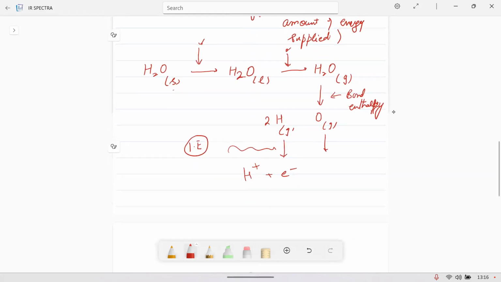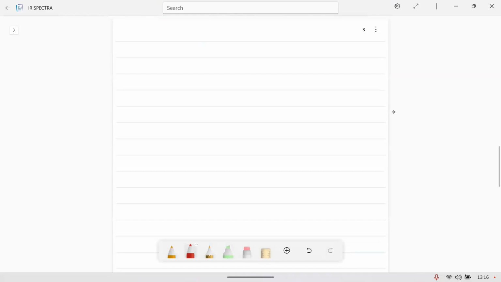Now the problem here is, if you have a water molecule, the same thing, and you supply IR radiations, as explained, they are less energetic. They do not have enough energy to break the bonds. They do not have enough energy to change the state. They do not have enough energy to remove an electron.